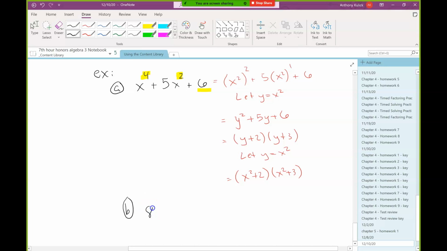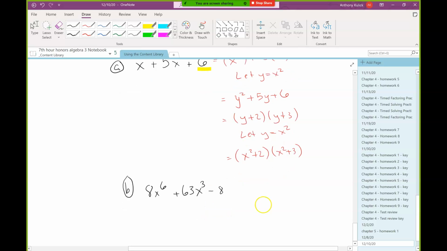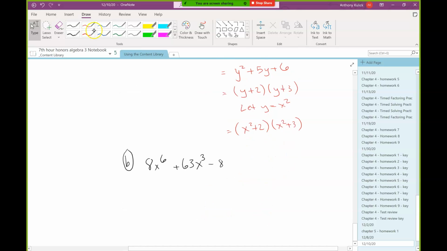So let's say we have 8x to the 6th plus 63x to the 3rd minus 8. So again, I notice that this is in the quadratic form because my biggest exponent is twice my second exponent, and I have a constant term.